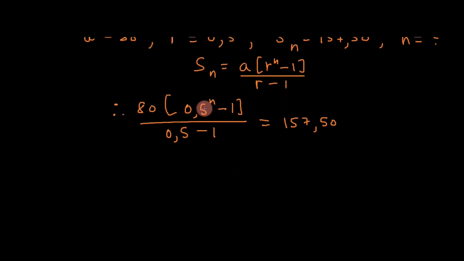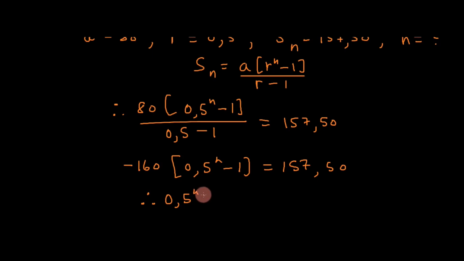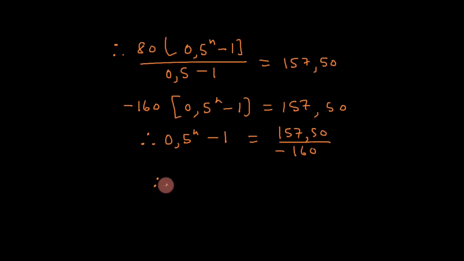Now, we need to solve for n in this equation. 0.5 minus 1 is minus a half. 80 divided by minus a half is minus 160. We can divide the negative 160 into the right-hand side. We can take negative 1 also to the right-hand side.